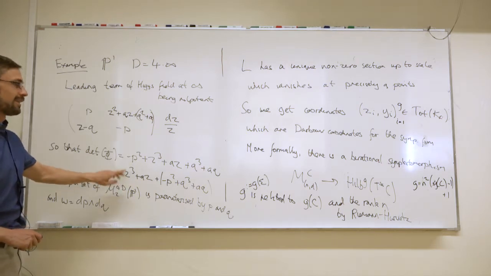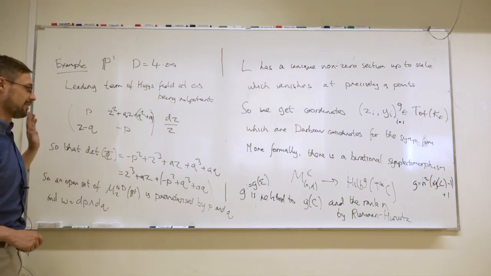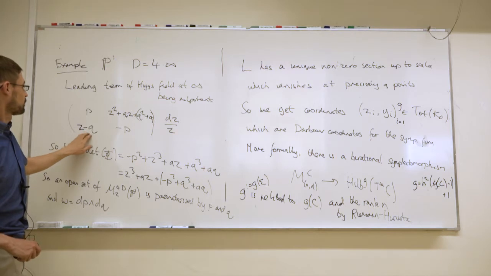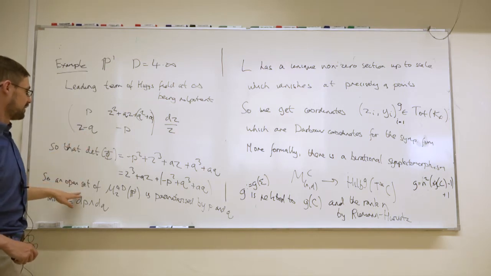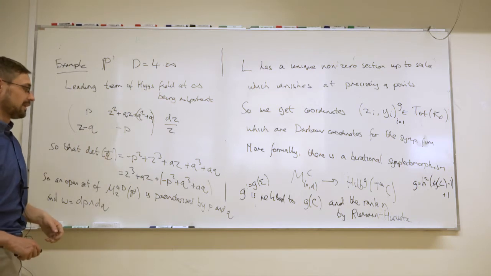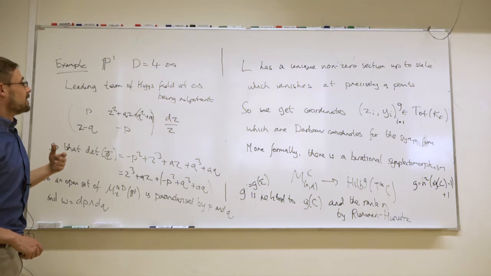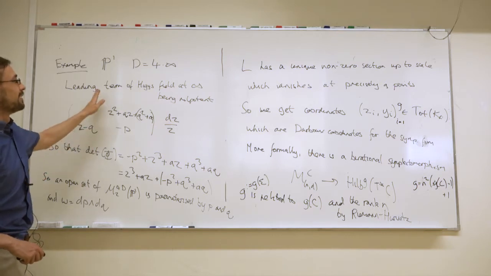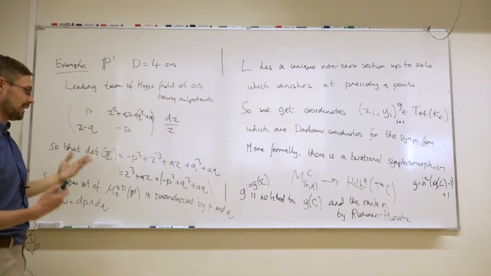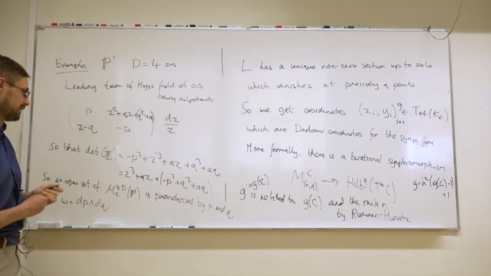So one can imagine what happens if you try to move off this big open set. What happens if you are unlucky and end up with a Higgs bundle which is not on the trivial bundle?